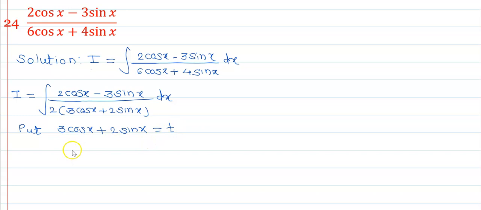We find out its derivative: the derivative of cos x is minus sin x, and hence here you will get minus 3 sin x plus the derivative of sin x is cos x, which is 2 cos x, bracket complete into dx is equal to dt. Okay, and hence this will be important.